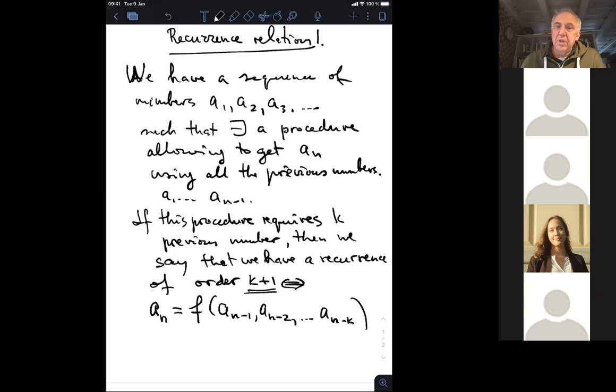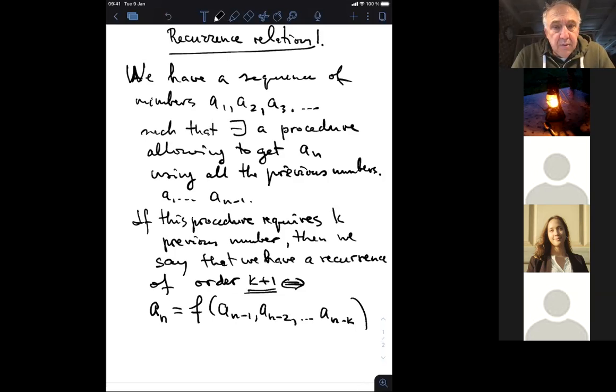That's why we are talking about recurrences of order k+1. There is a relation between k+1 consecutive numbers in our sequence, and for each n, we can express a_n using k previous ones.